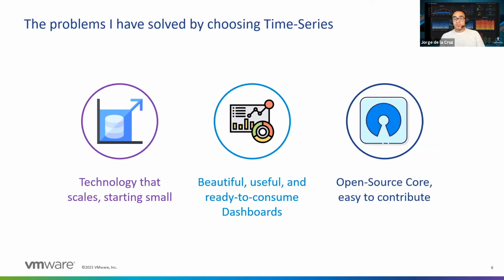Finally, I think I mentioned this before, but it was an open source core, easy to contribute. I'm not really a developer myself, but as I said, if I could consume the documentation and I think, okay, maybe I can just make this edit and try to submit it into GitHub. That's something that with open source projects you can do.